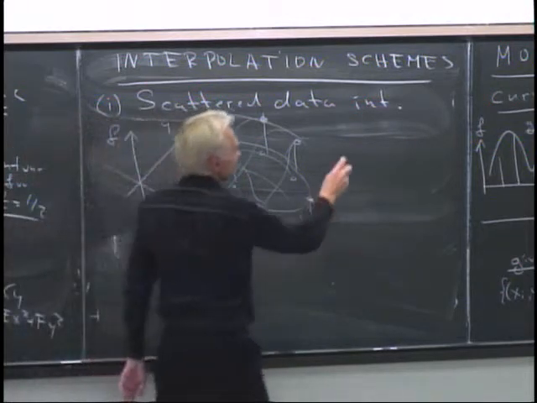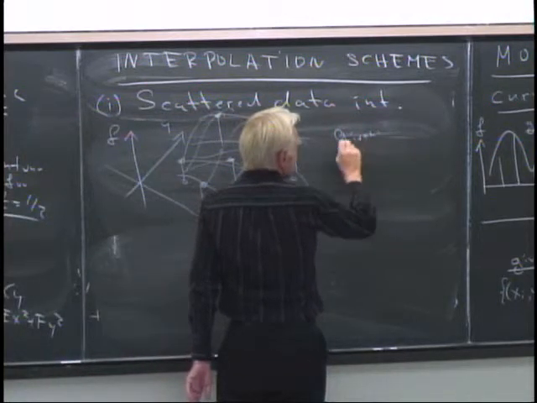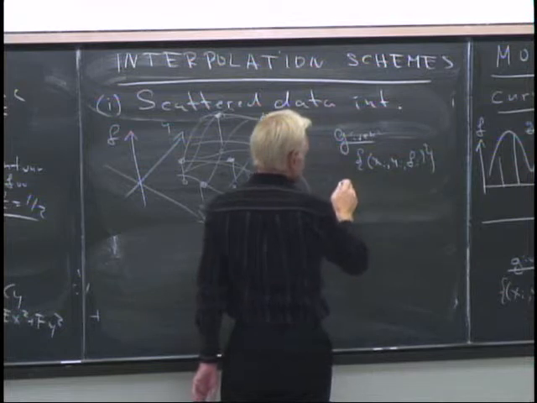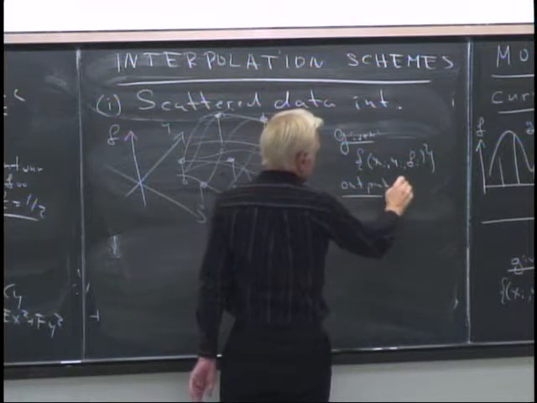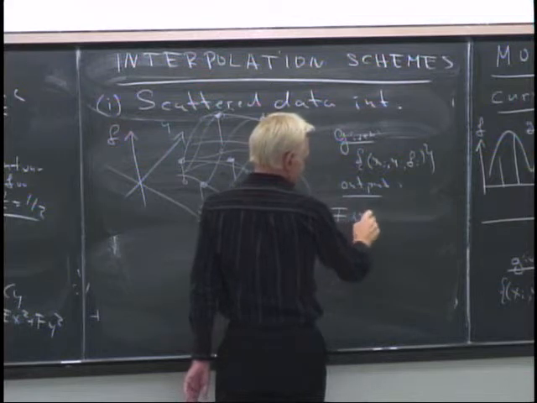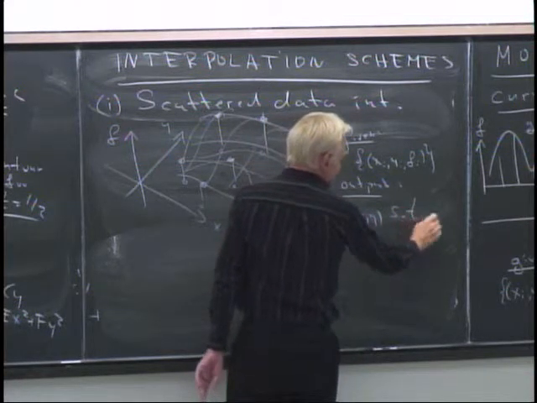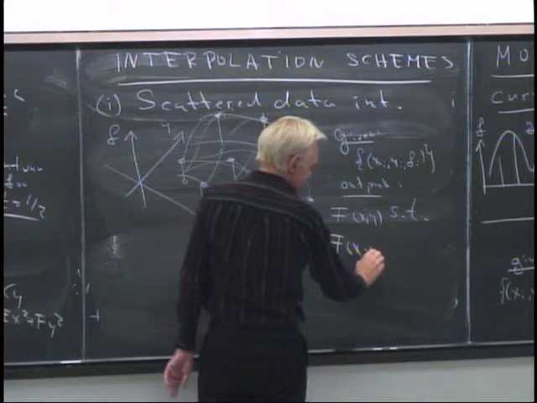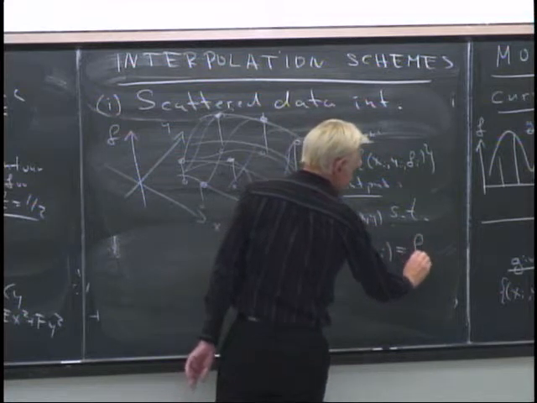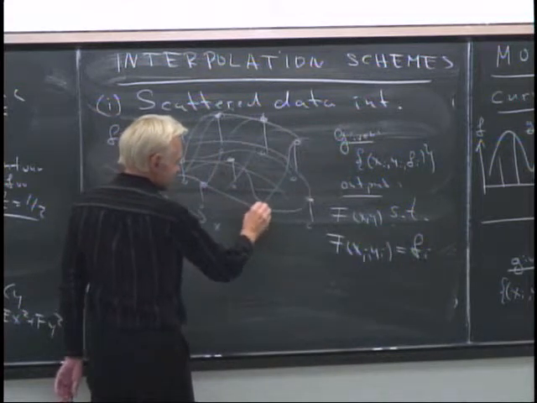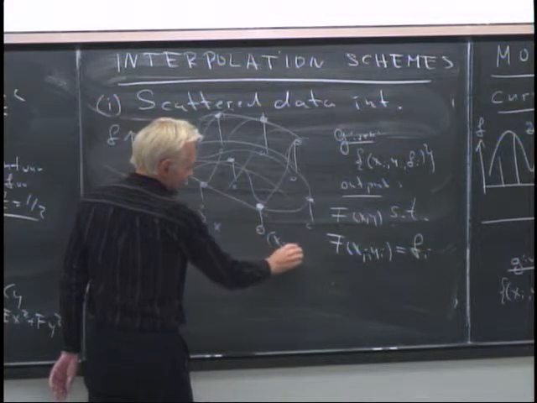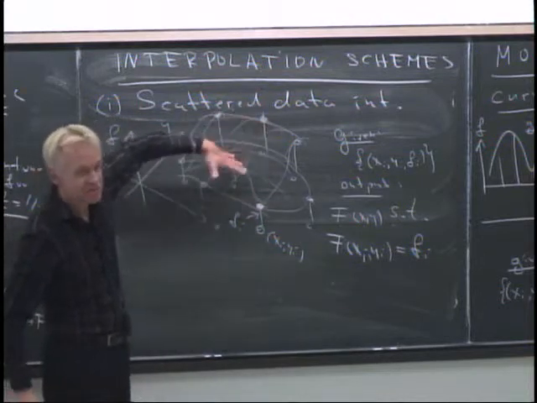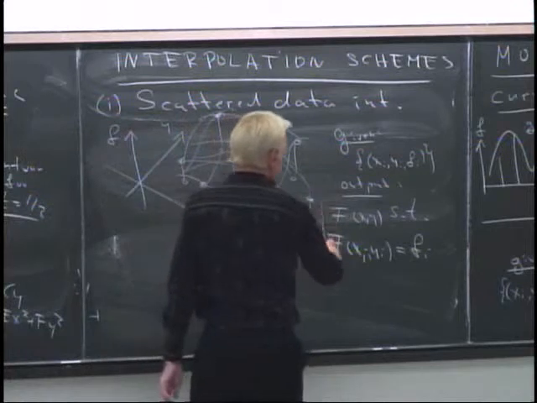Given is a set of these xi, yi, fi's, and the output is some function F of x, y such that when I evaluate it at one of the original locations, xi, yi, it returns the value there, fi. This is one of those locations, xi, yi, and this height there is the function value, fi. So the surface that I compute has to satisfy this condition.